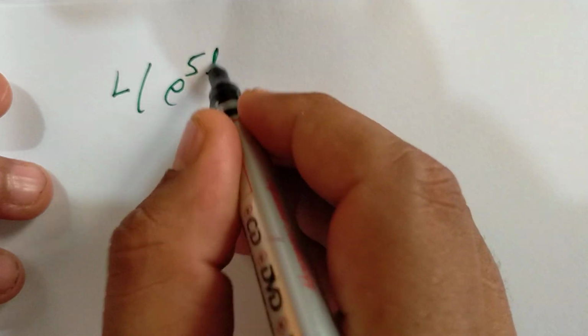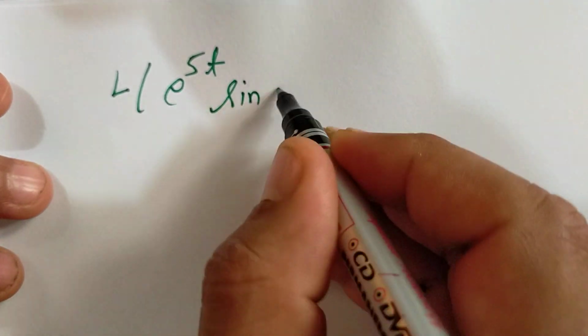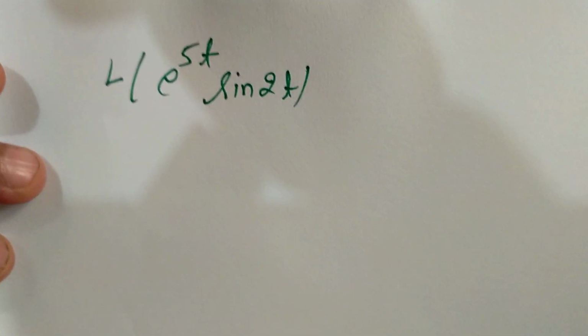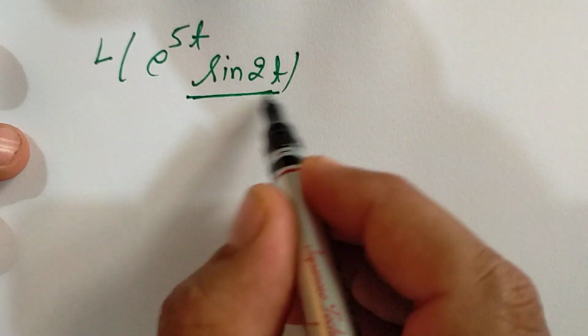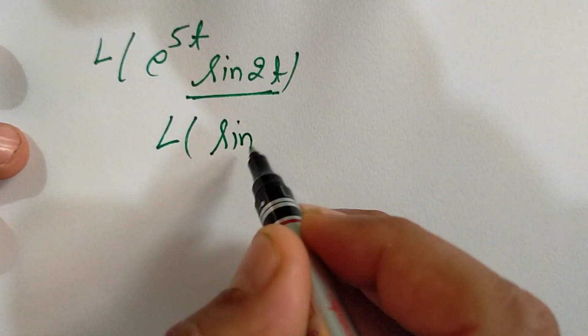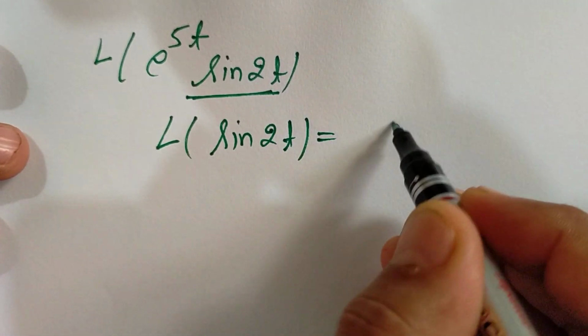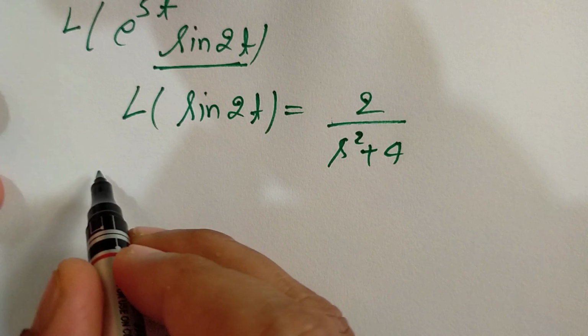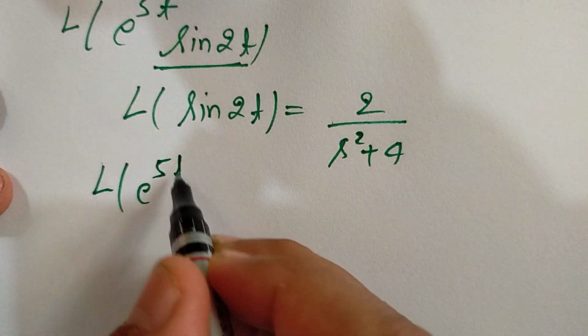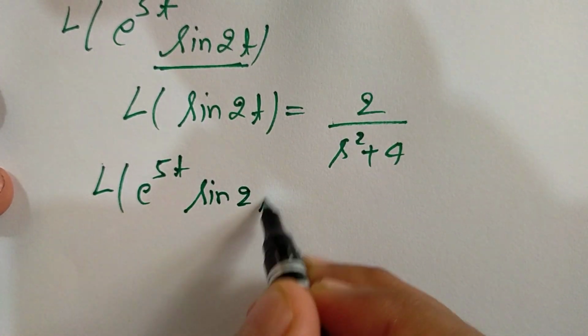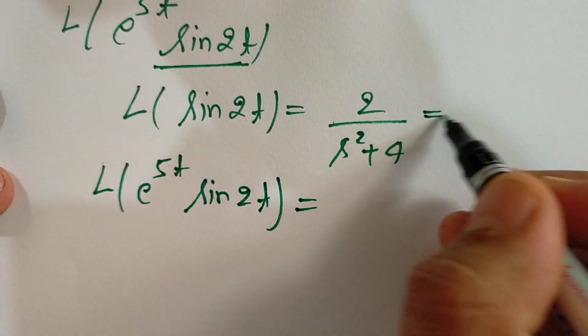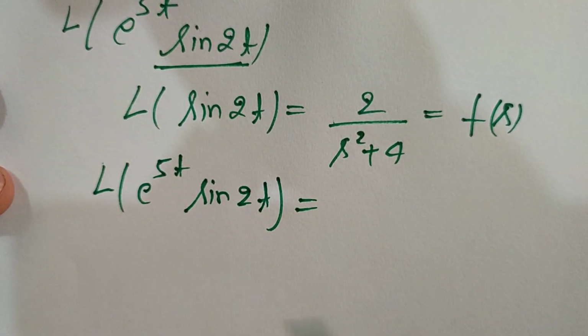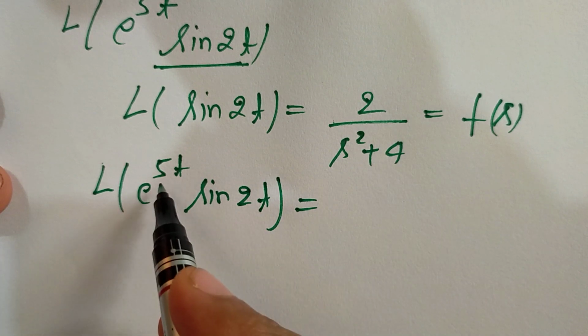We can have one example here for this property. Let us find Laplace of e power 5t sin 2t. So we know F bar of s. What is F bar of s? Laplace of sin 2t equal to 2 upon s square plus 4. Now Laplace of e power 5t sin 2t: this is your F bar of s, so s minus a where a equal to 5 here.